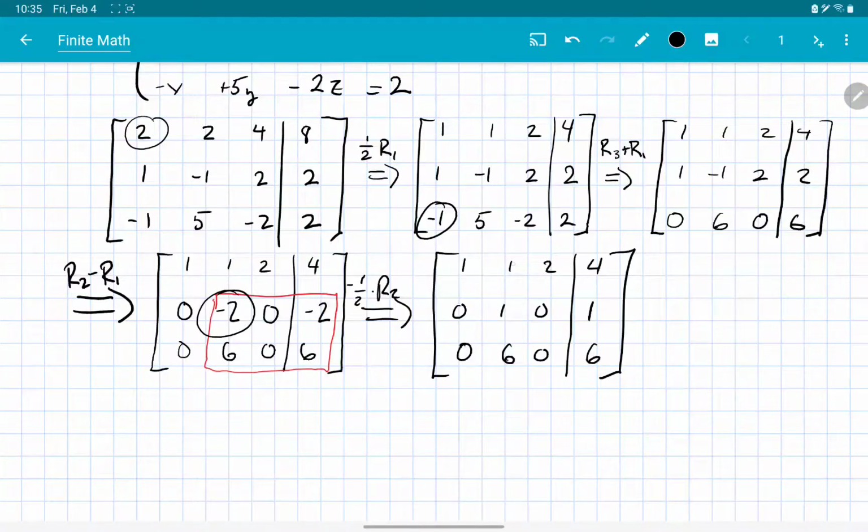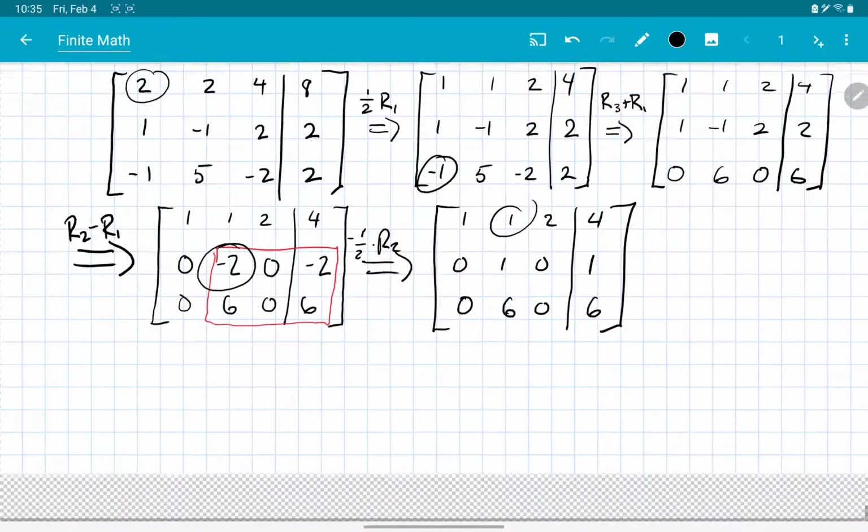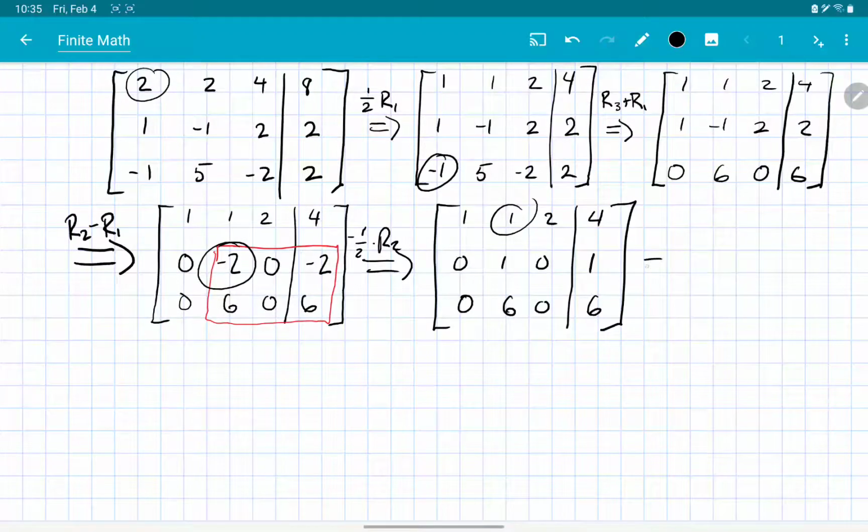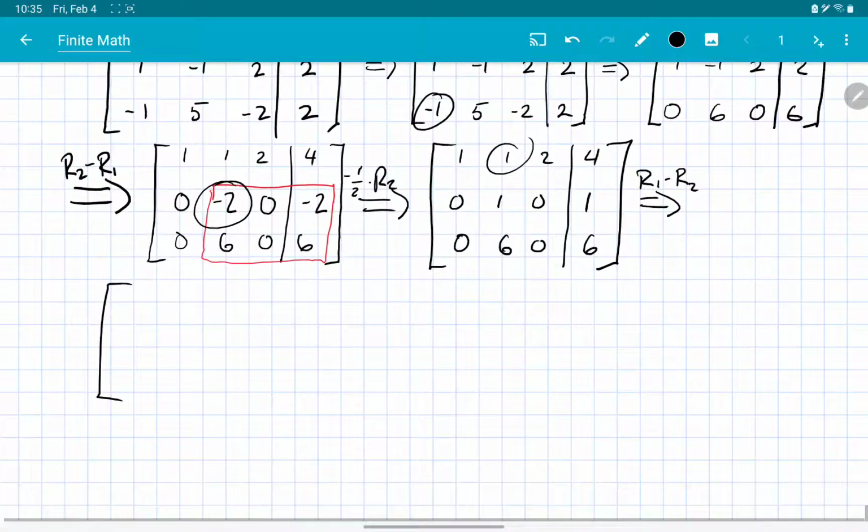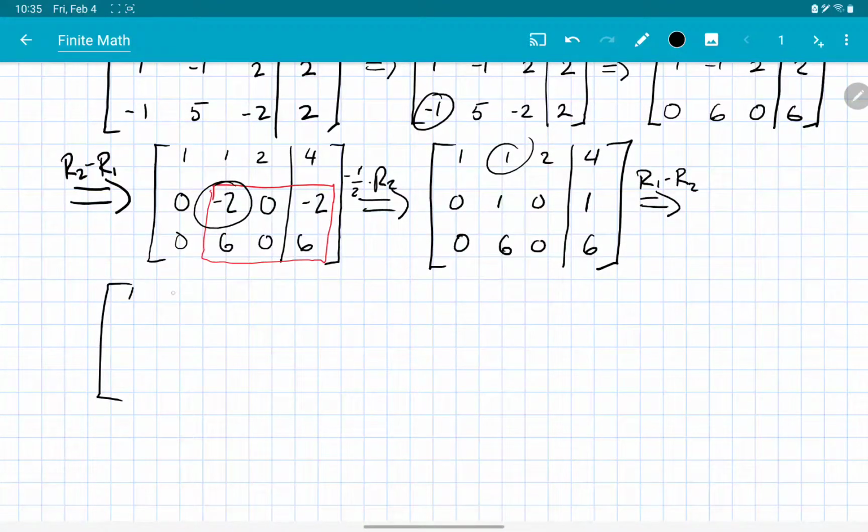Okay, let's first eliminate this one because we're pivoting around that second column. So this is going to be row 1 minus row 2. 1, 0, 2, 3, 0, 1, 0, 1, 0, 6, 0, 6.